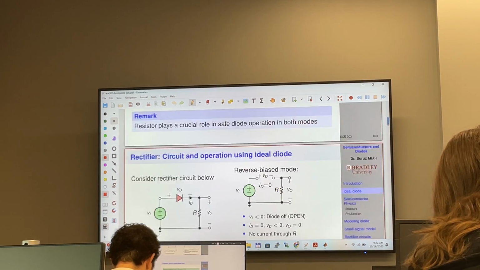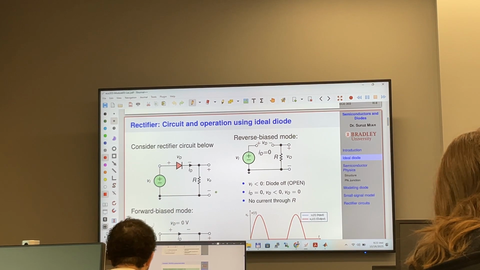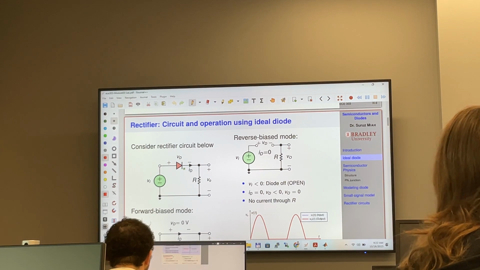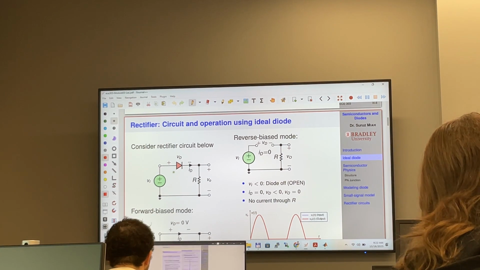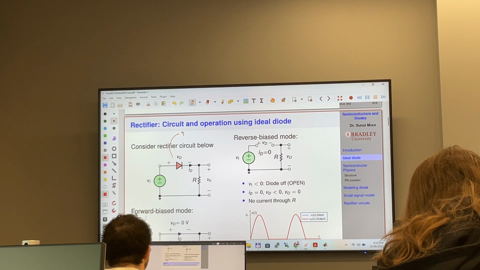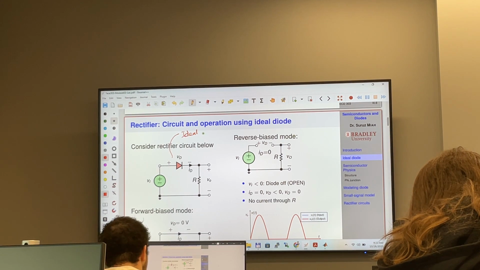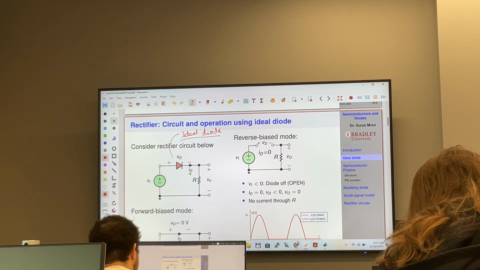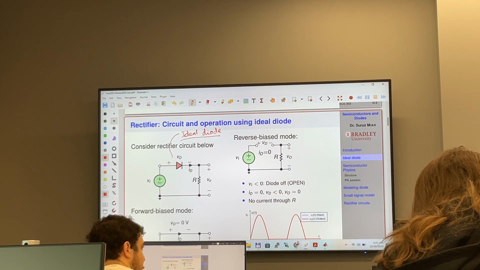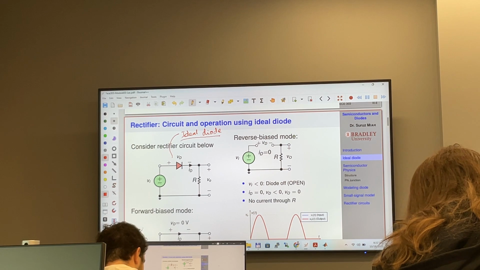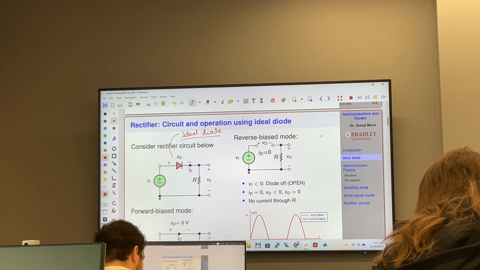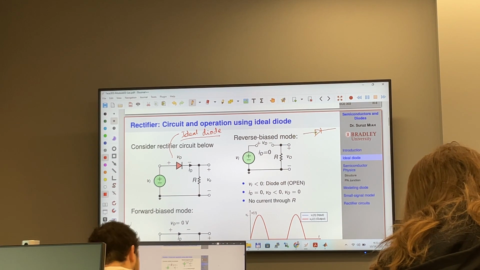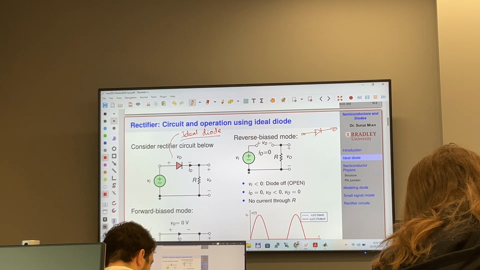So in our last class, we considered this diode as a switching device, and we considered this diode as an ideal diode. Ideal diode means, okay, again, I'm going to use the same concept. If we have a diode, what is the name of this terminal?